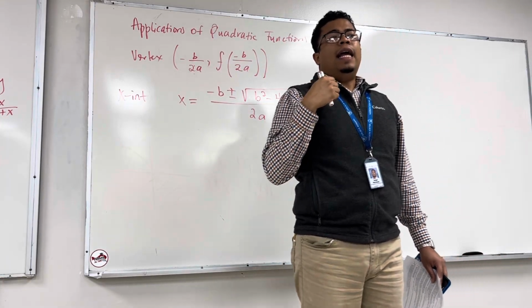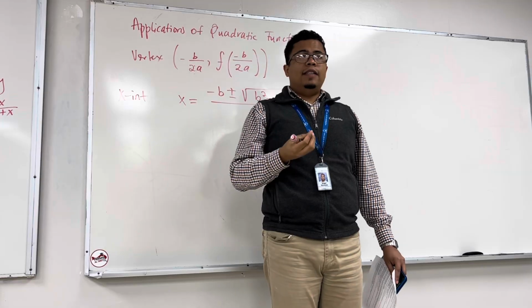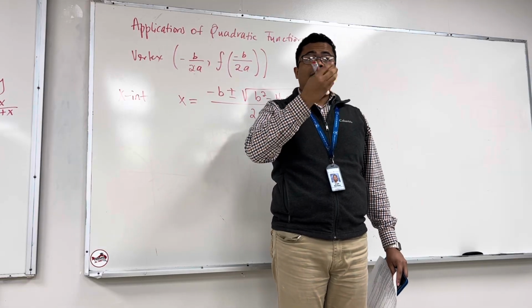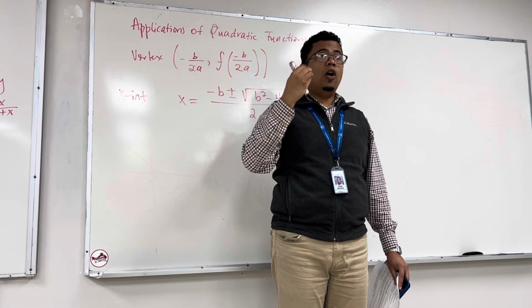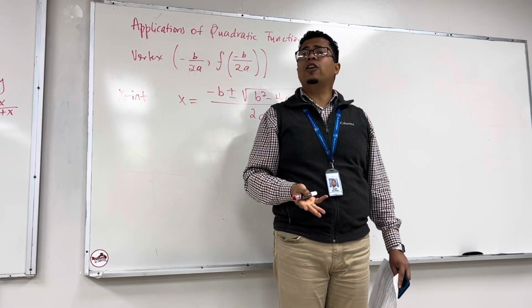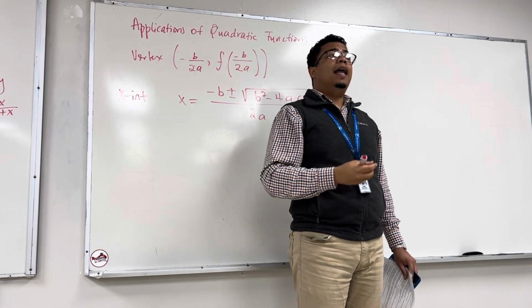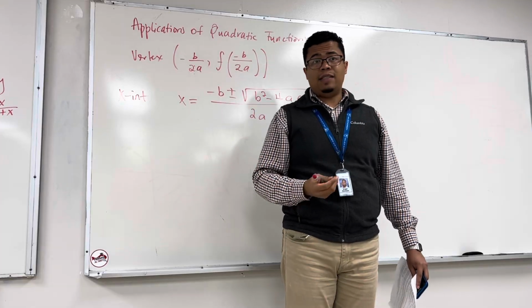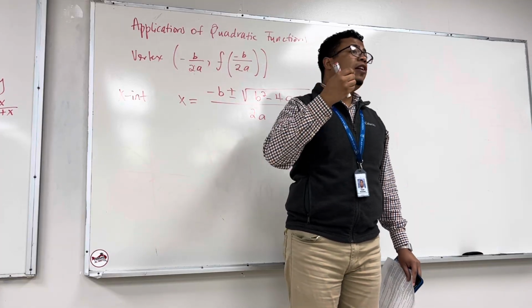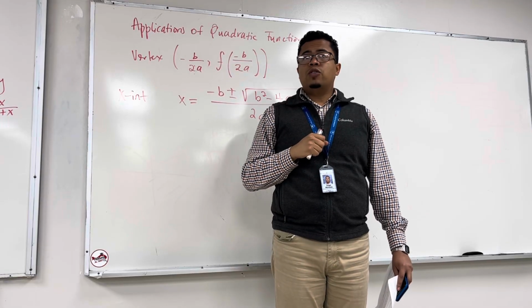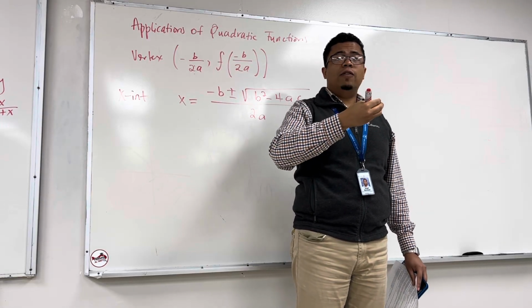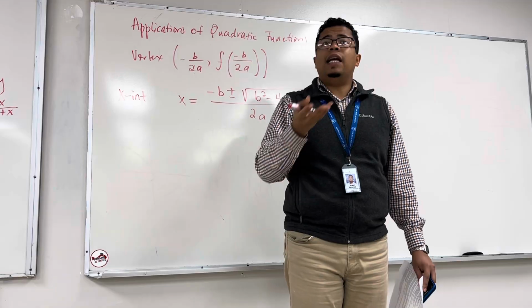Now, in physics, this is all studied based on math and the understanding of quadratic functions, right? But in physics, the vertex has a meaning. The x-intercepts have a meaning. The y-intercept also has a meaning. So we see the application of these mathematical concepts in physics.